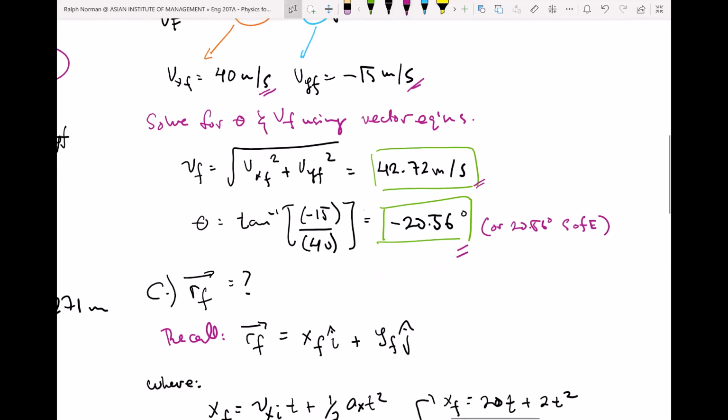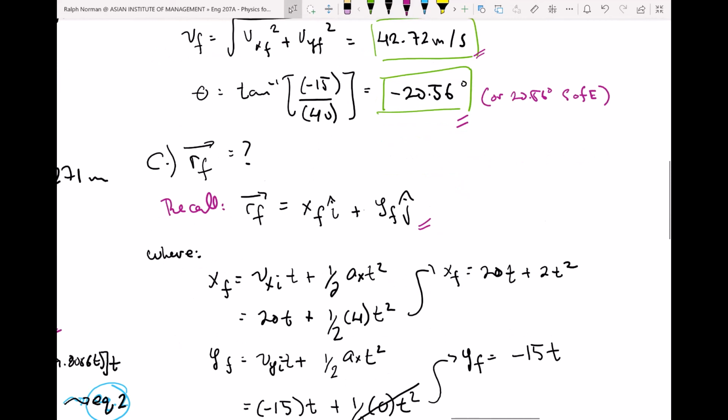For the last part, we're here to identify the x and y coordinates. Recall the equation for the vector quantities in two dimensions as such. And also recall that your total displacement is simply v initial times t plus half of a times t squared.